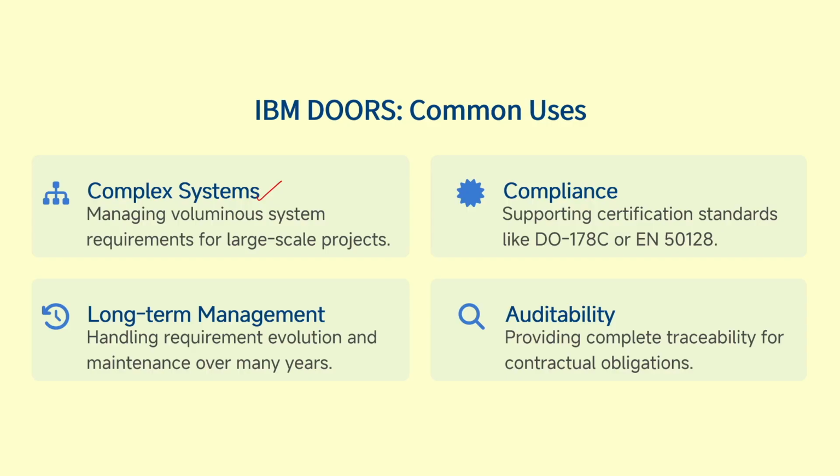You need time, say in years, to make sure that any change in requirements can be handled. The third one is compliance. It supports certification standards like these three, and it also provides complete traceability for contractual obligations. So it stands for auditability also.